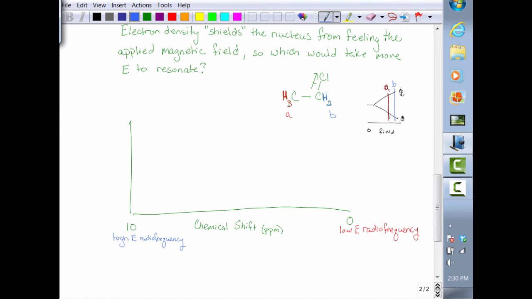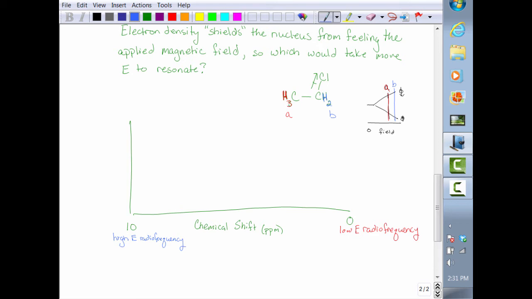So looking at that little diagram I just drew, which one is going to take more energy to flip its spin, to put it in resonance? Which one has a bigger distance between the parallel and the anti-parallel spins?